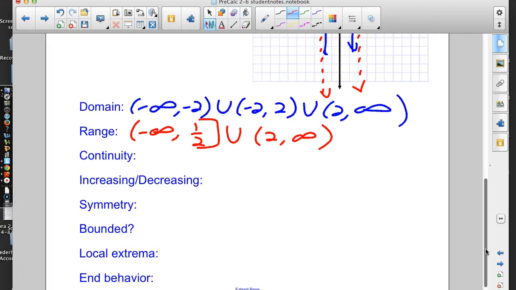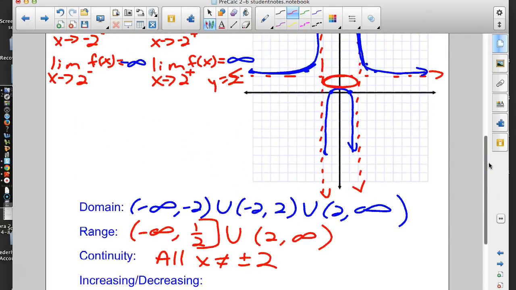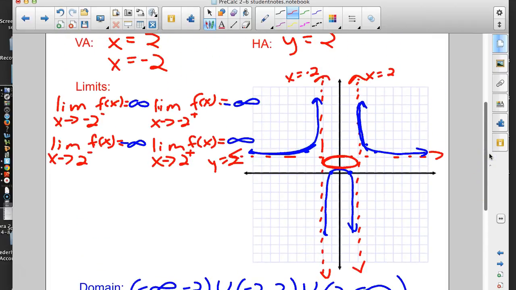Continuous over all except, which ones we leave out? 2 and -2. I'd probably just write all x not equal to plus or minus 2 on that. Increasing and decreasing. Did we get lucky and this one's the same? Yeah, we've got both this time, don't we? Increasing, increasing, oops, decreasing, decreasing.